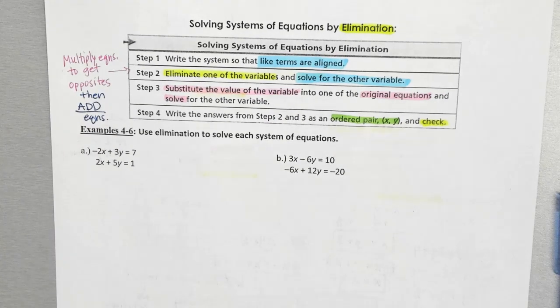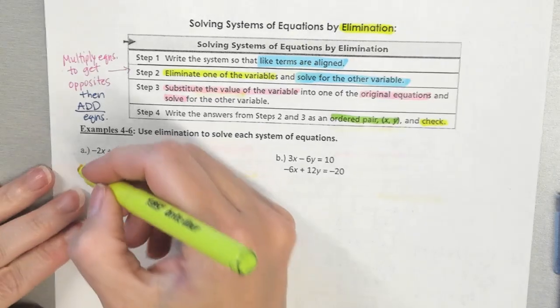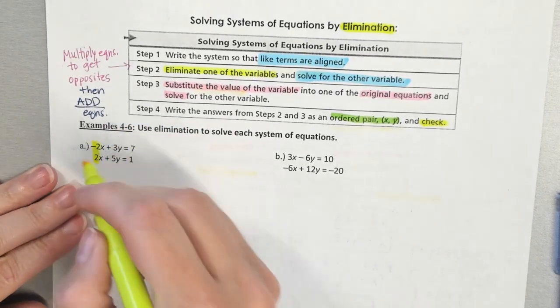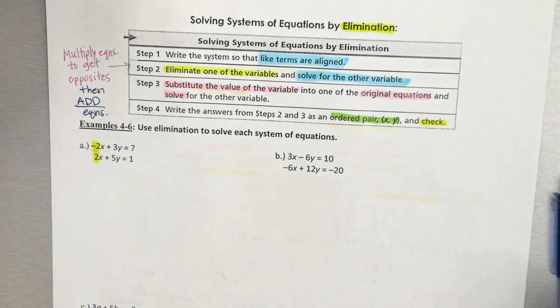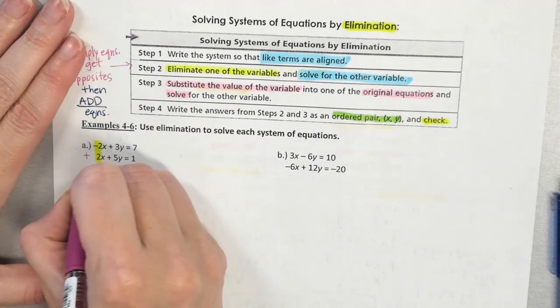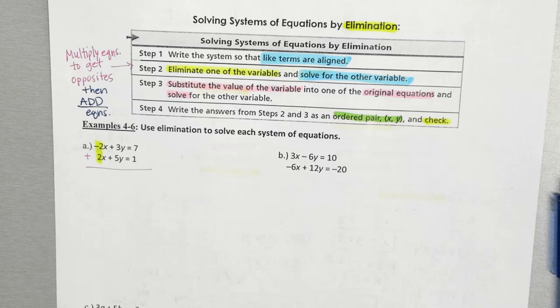For A, you already have opposites. Which are the opposites, the X's or the Y's? You have the X's, the Y's, and the numbers already lined up, so we're just going to add those together. Can you add those straight down?